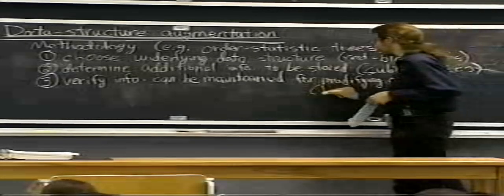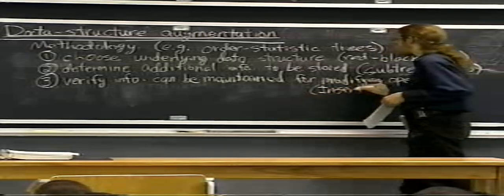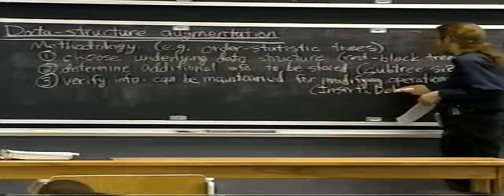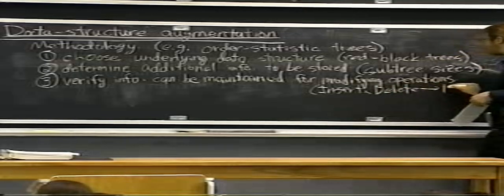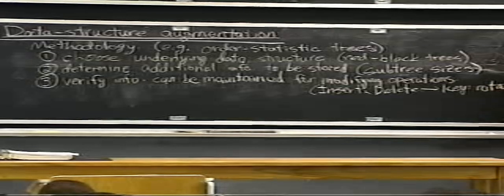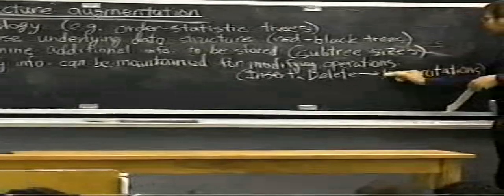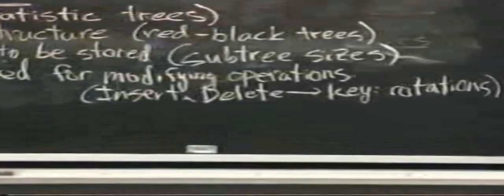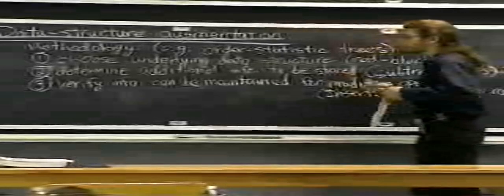In order statistic trees, I needed to deal with insertions and deletions. The key was that I could do rotations, because basically all the restructurings of the tree boiled down to rotations. There was a little bit extra when I actually added a node. I added a new leaf up here, and so I had to update these counters. But that was pretty easy. This is the heart of what's going on: I can do this local modification and maintain this information in no more time than I had before. So it didn't slow down my data structure.